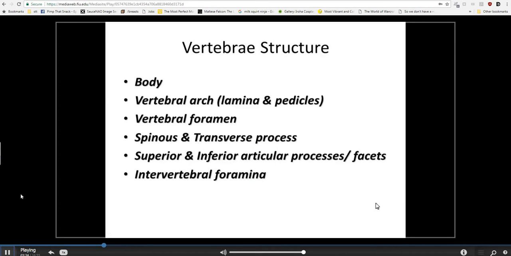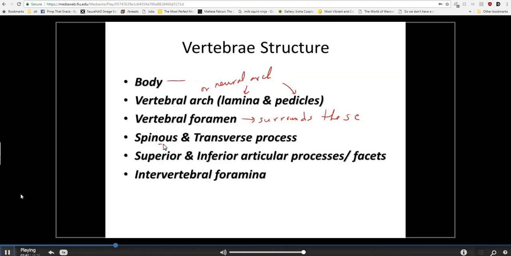Now, in terms of vertebral structures, you have the body. You have the vertebral arch, which they also call the neural arch, that includes the lamina and pedicles. You have the vertebral foramen, the part that surrounds the spinal cord.